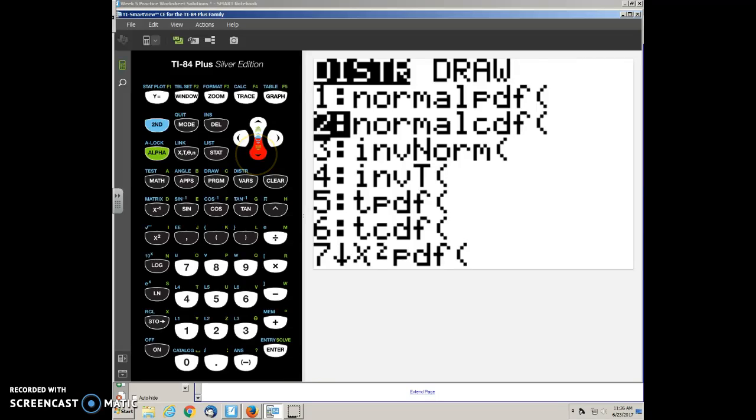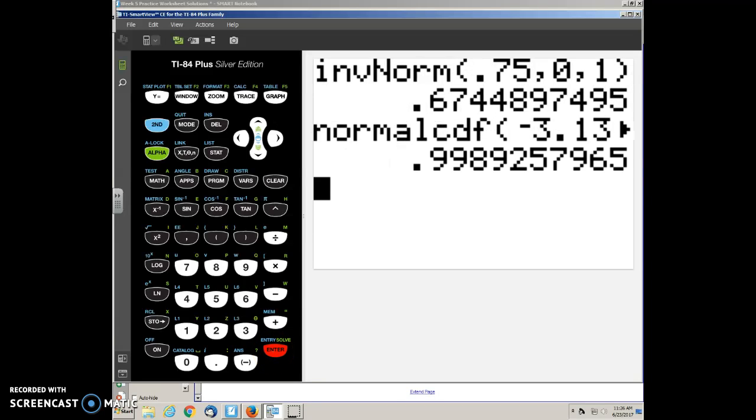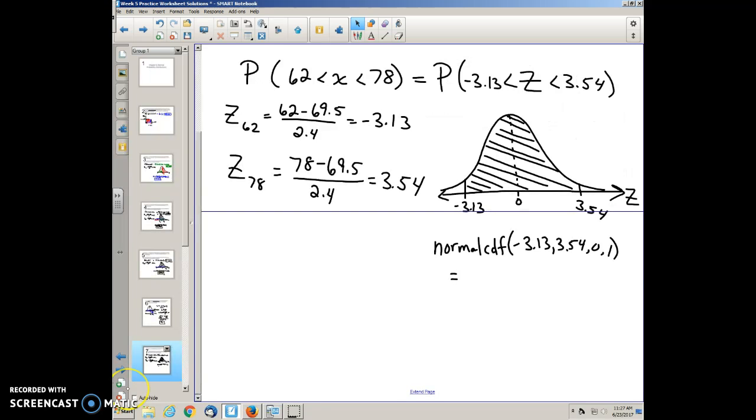It's the second one down, negative 3.13 to 3.54 with a mu of 0 and a standard deviation of 1. And we get 0.99892, or 0.9989. So 0.9989.